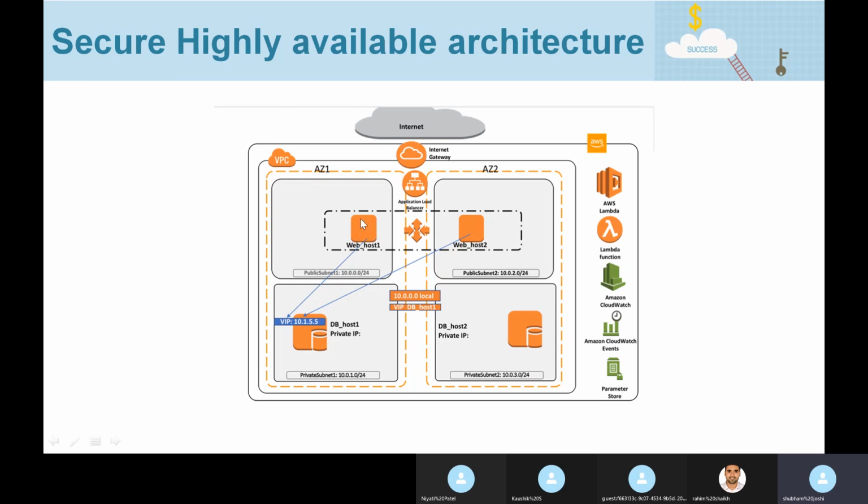For example, web host 1 in public subnet 1 can talk to web host 2 running in subnet 2, because they are all part of the same VPC. To make internal routing possible, we don't have to add any explicit route. That route is already added by default for us.